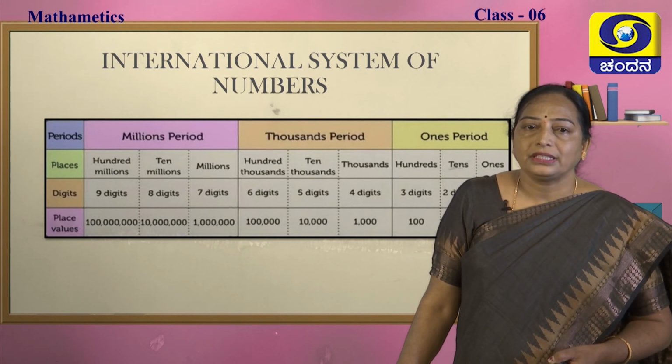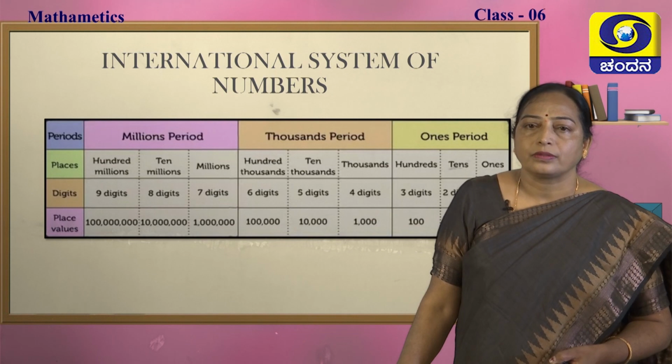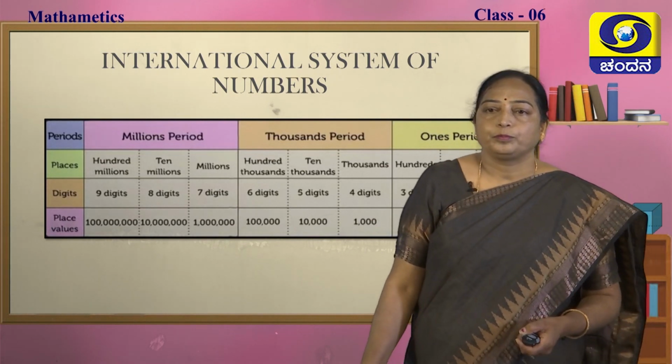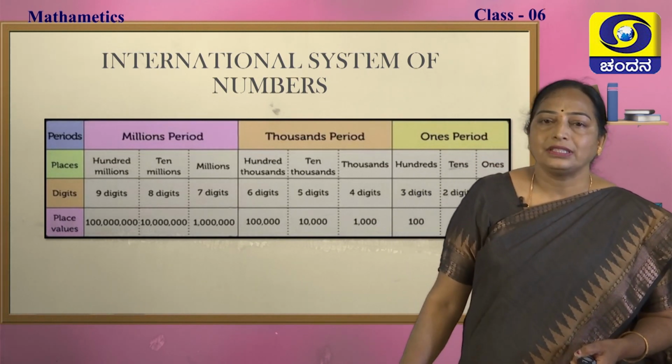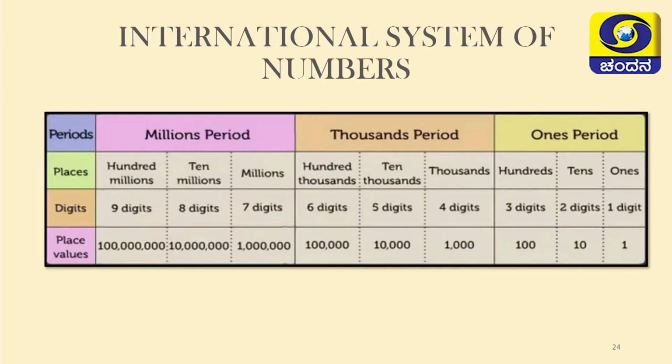Periods, places, digits, place values. All 3 digits ones are divided as periods. Ones period, thousands period, millions period. Places: ones, tens, hundreds in one period. 1000, 10,000, 100,000 in thousands period.